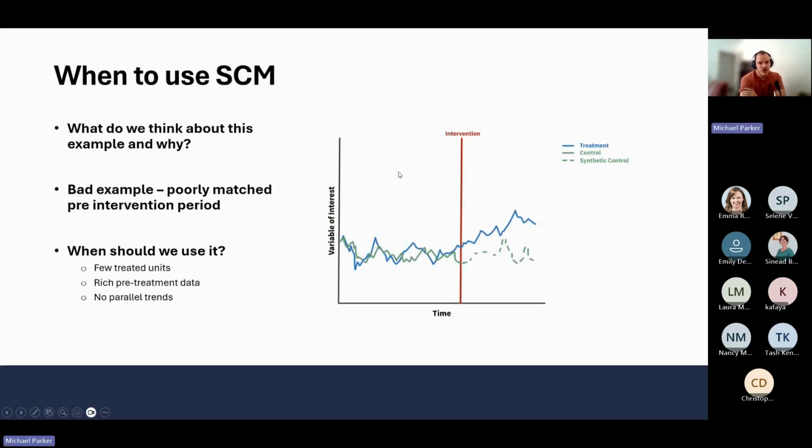So we should talk about when it's appropriate to use SCM. In this example that I'm showing you here, this is just a mocked up fake example of a variable of interest. And in this example, we can say this is probably a poor model. You can tell that by the pre-intervention matching, so everything left of the red line.